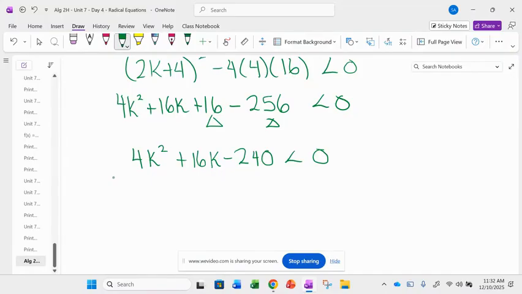So I'm going to pull out a GCF of 4. 4 times k squared plus 4k minus 60 is less than 0.